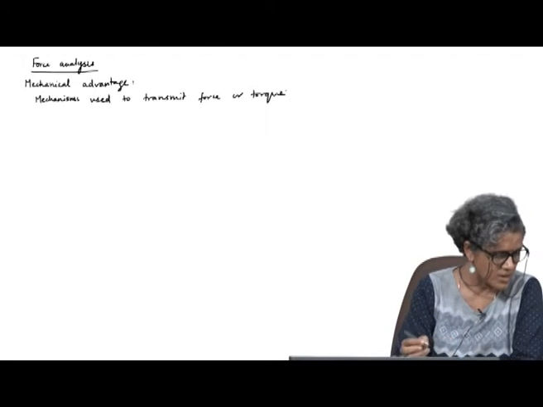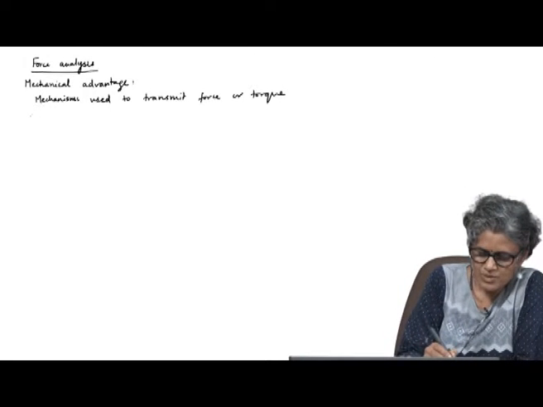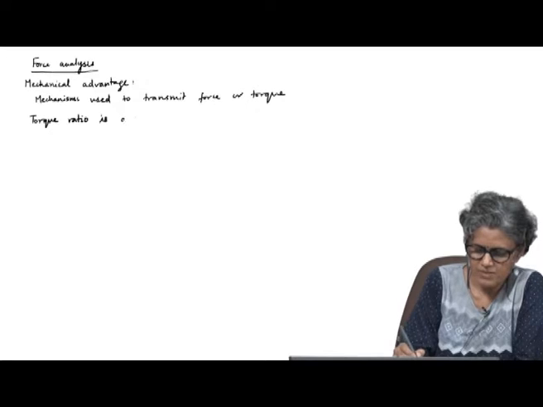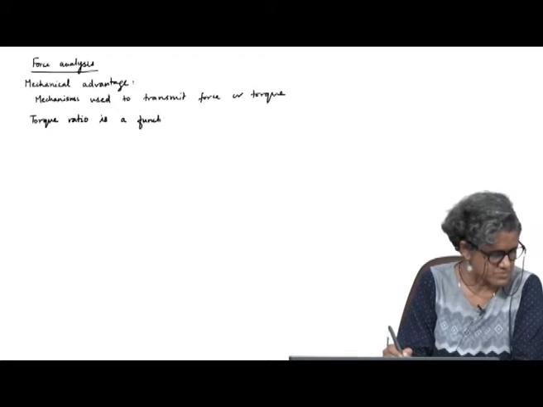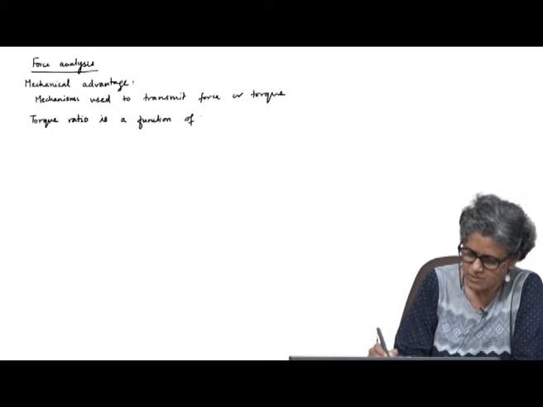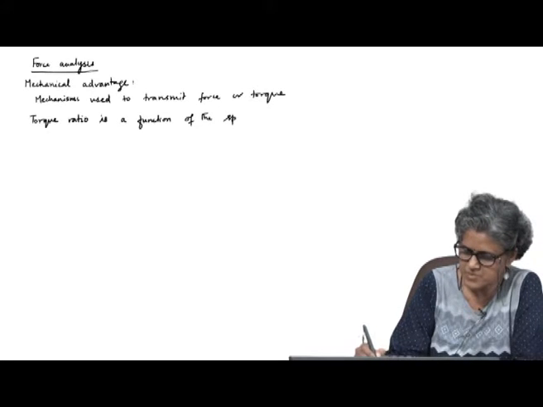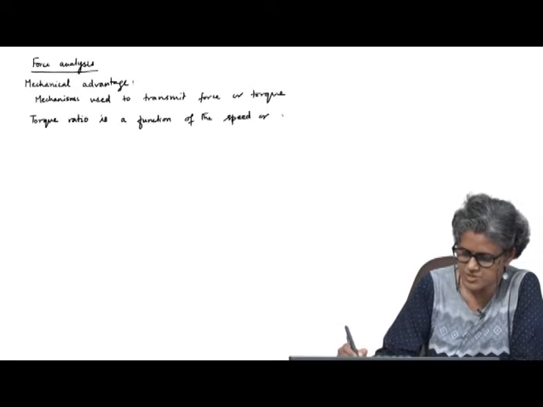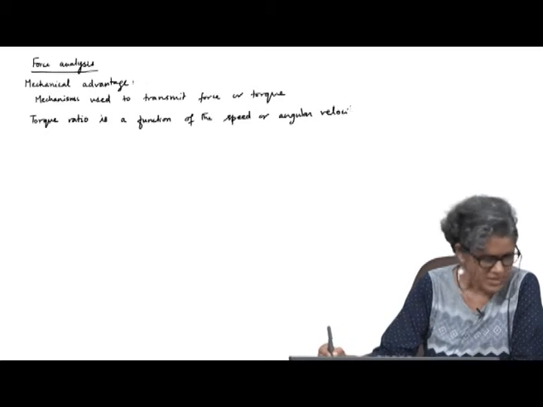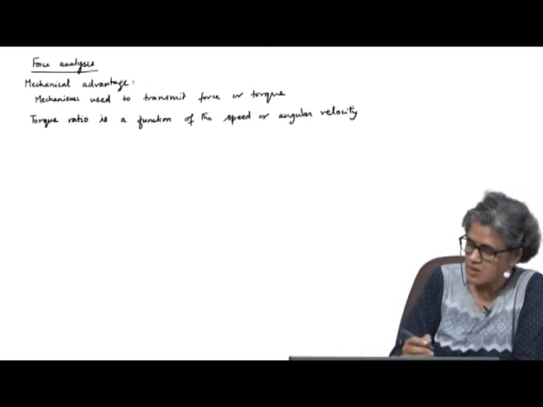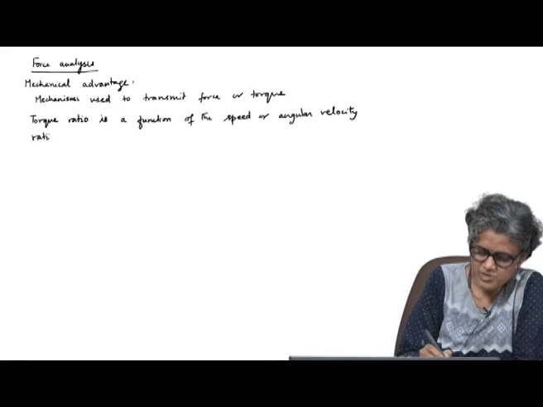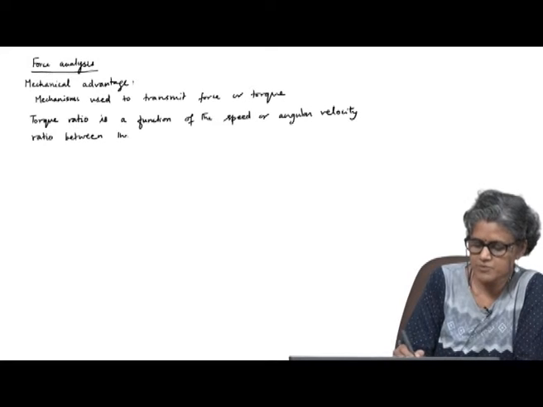Okay, so the torque ratio is a function of the speed or angular velocity ratio, which can be determined from the geometry, the angular velocity ratio between the input and the output.